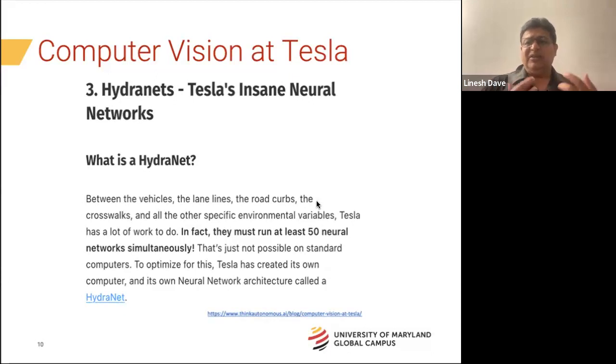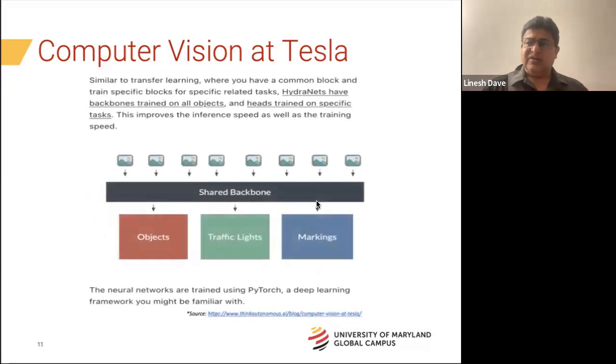The reason it's called HydraNet is that it's an architecture where all these different cameras, all these different sources, are fed to a shared backbone, and this backbone then feeds into different blocks for specific tasks, right?